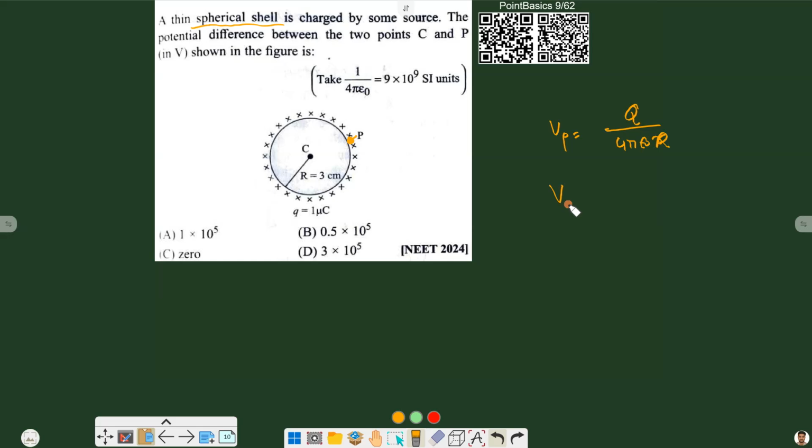And inside a spherical shell, at any point, suppose point C, which can be anywhere inside this empty or hollow shell, the potential is again equal to q by 4 pi epsilon naught r, where r is the radius. So the potential at these 2 points will be equal, and if you find the potential difference, it will become 0. So option C will be the right answer. Moving to the next question.